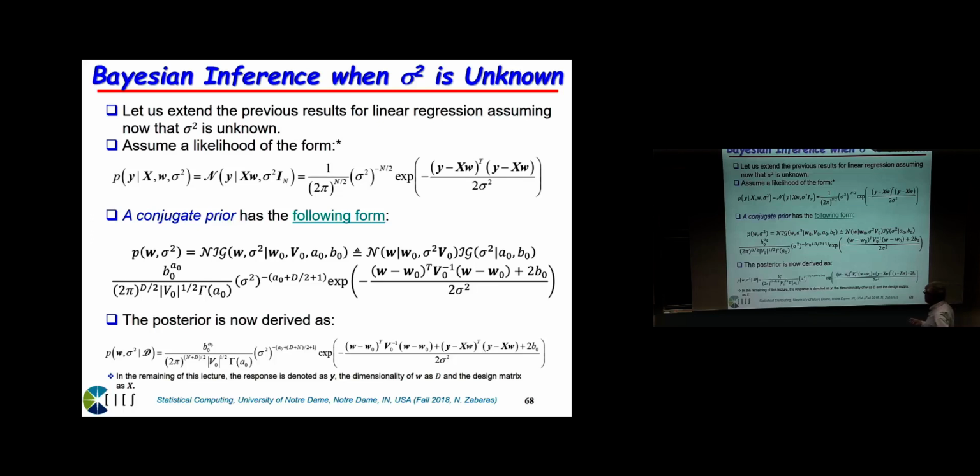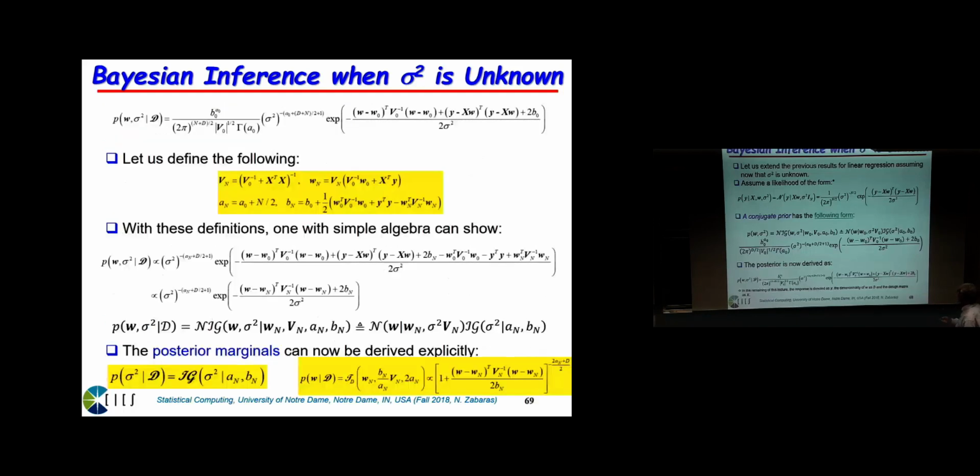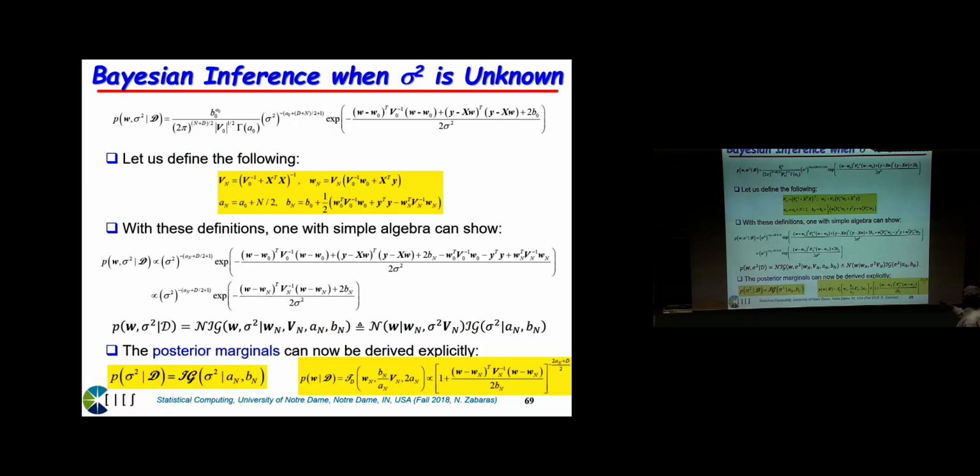And when you do that, surprise, surprise, because the normal inverse gamma is conjugate to this Gaussian, the posterior of W and sigma squared also comes out to be a normal inverse gamma distribution. Actually, there is no algebra. What you see on this slide, this times that, you can compare term to term. Basically, you get a normal inverse gamma distribution.